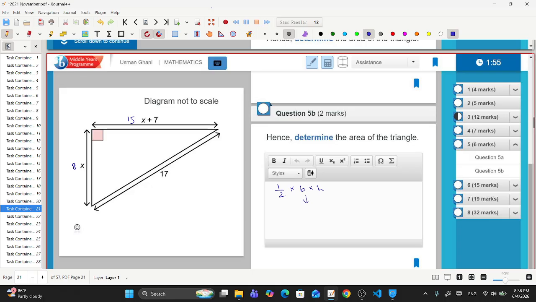The base is supposed to be 8 and the height is supposed to be 15. Be careful, 17 is the slant height, it's not the height. So 1 over 2 multiplied by 8 multiplied by 15 becomes 4 times 15, which becomes 60 units squared. It's better that you write units squared in your answers.